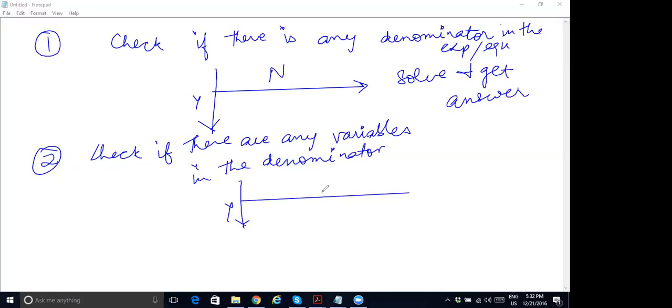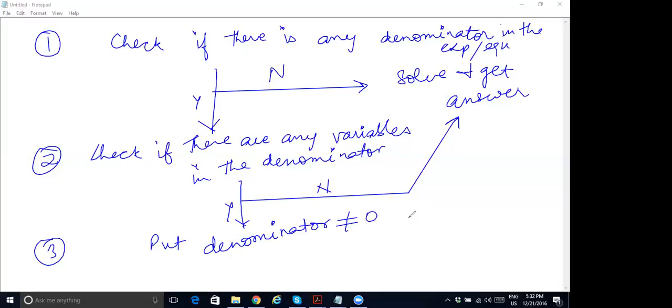If the answer to this question is no, solve and get the answer. If the answer is yes, then put denominator not equal to 0, and then solve.